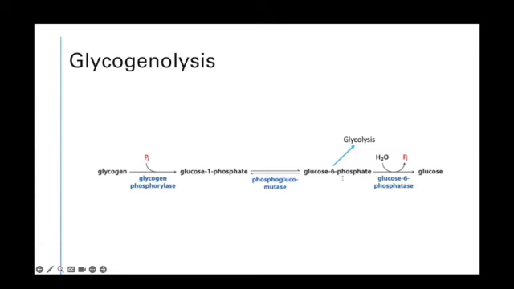The debranching enzyme removes the alpha 1,6 linked residues of those branches via a regular hydrolysis reaction, so not a phosphorylysis, but a hydrolysis, so the addition of water, and then those branches can further be broken down in that same way via glycogen phosphorylase. And glycogenolysis mainly happens in liver cells, and glucose is then available to enter the bloodstream.